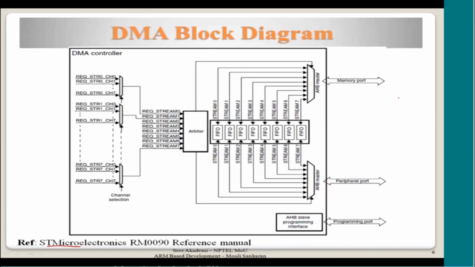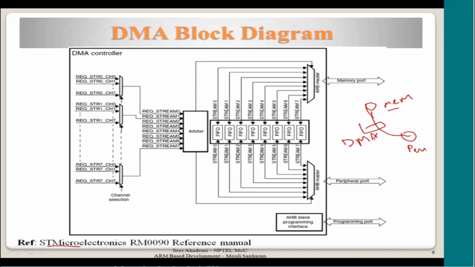As I told you, the data has to flow through the DMA. When a peripheral device is giving some data, it has to be copied to the memory. It comes into the DMA and then goes to the memory. This is the memory. So this is the path taken by the data flowing from peripheral to memory.